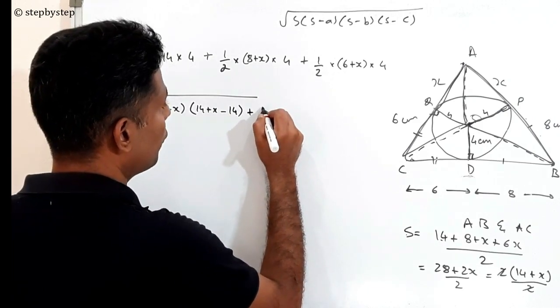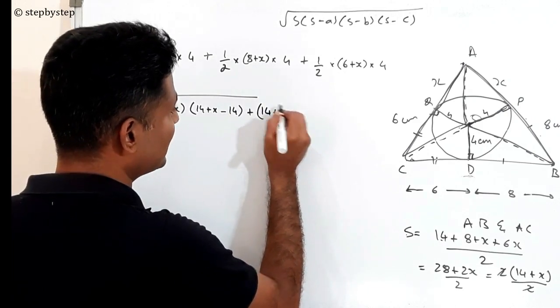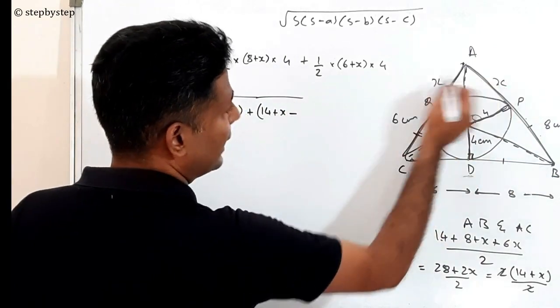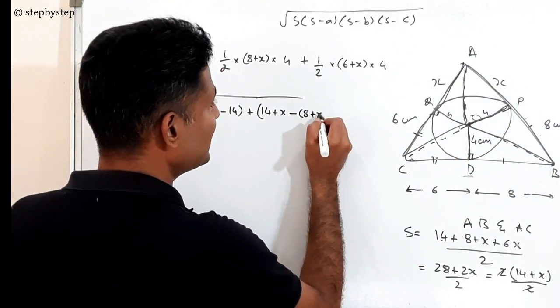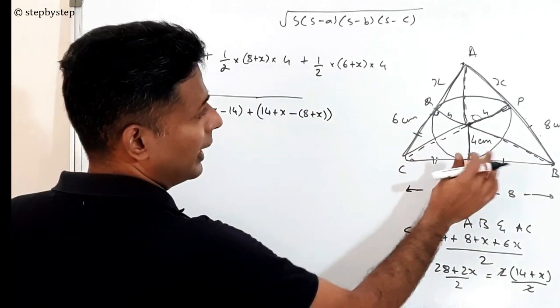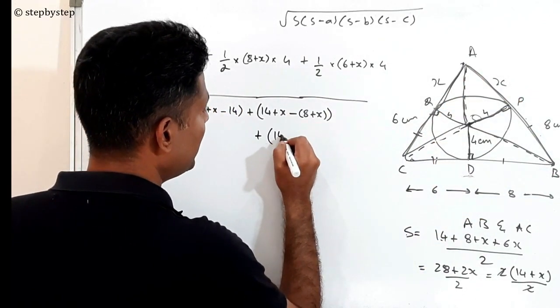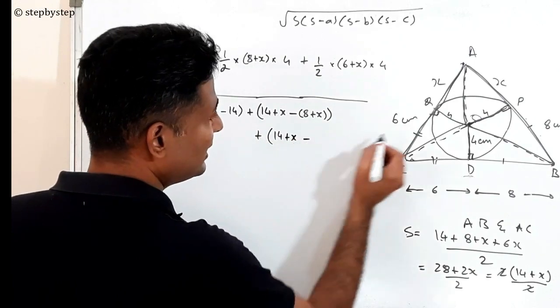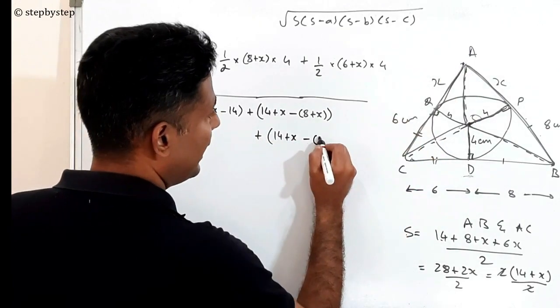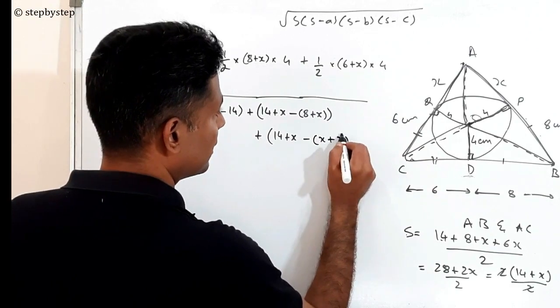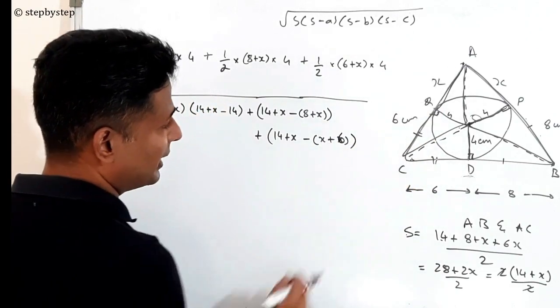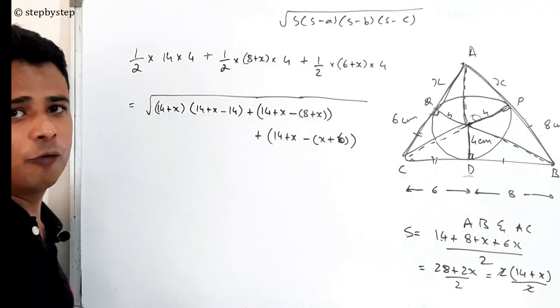S minus B is 14 plus x minus this side, so I'll put the bracket 8 plus x. S minus C is 14 plus x minus the third side, which is x plus 6. So we have applied this formula.